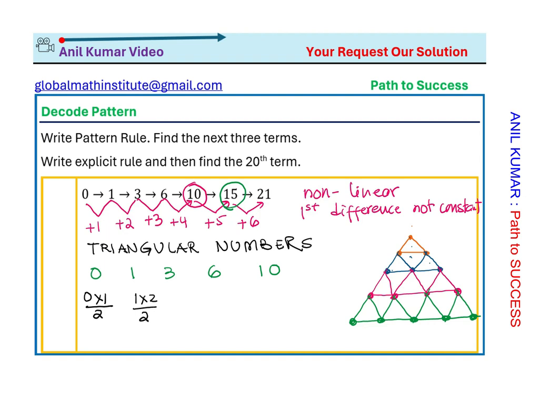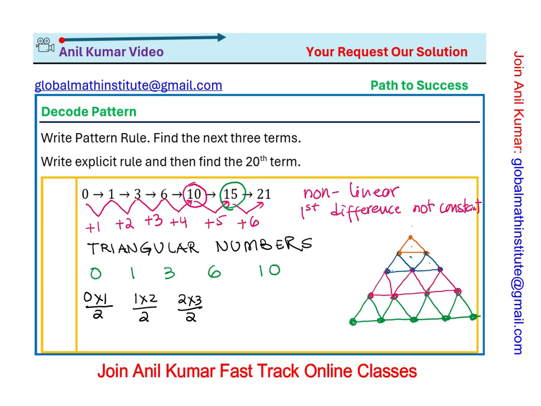And here, this is the second position, 2 times 3 divided by 2 will give me 3. And here, this is 1, 2, 3, fourth position. So 3 times 4 divided by 2 gives me 6. And here, this is the fifth position, 4 times 5 divided by 2 gives me 10. You get the whole idea.